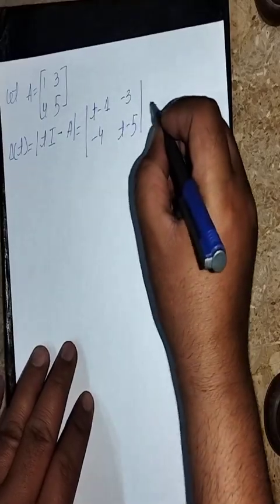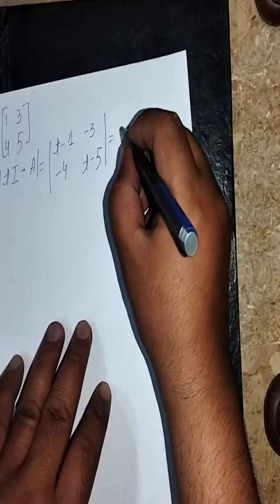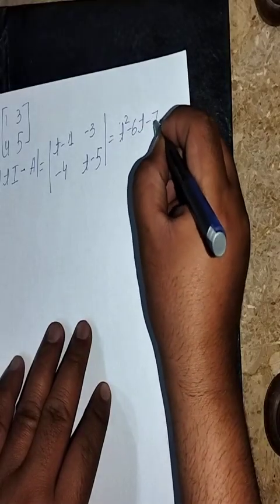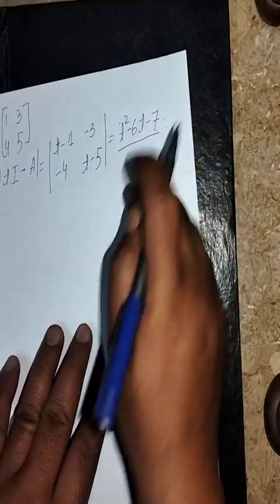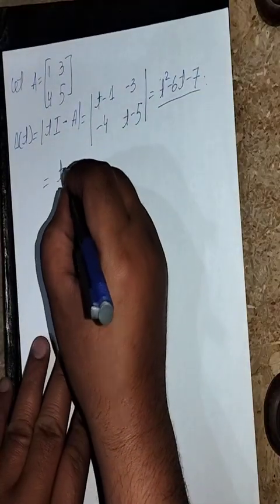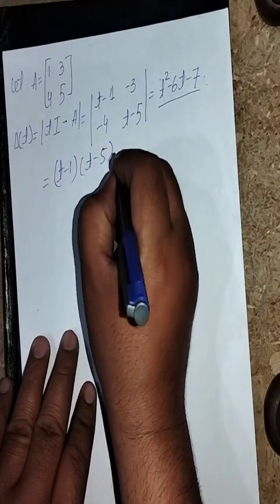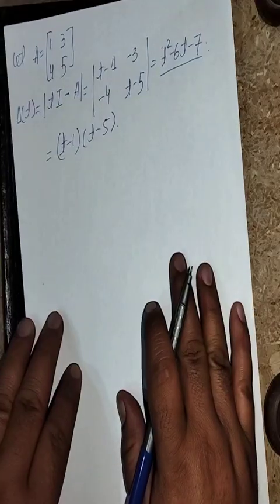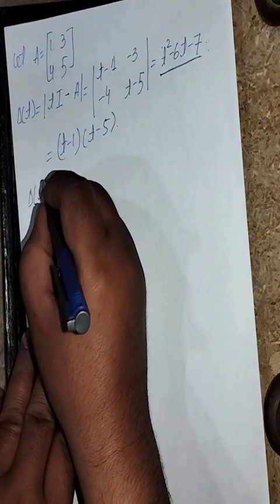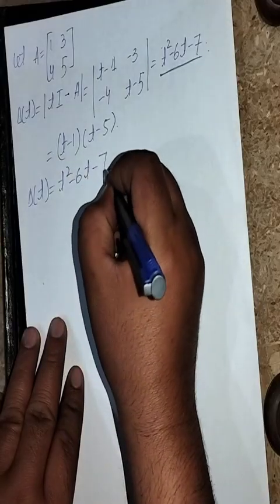Find the determinant. You will have a result like t square minus 6t minus 7. Factorize this polynomial, which will be equal to t minus 1 into t minus 5. Now you have this characteristic polynomial, which is delta t equals t square minus 6t minus 7.